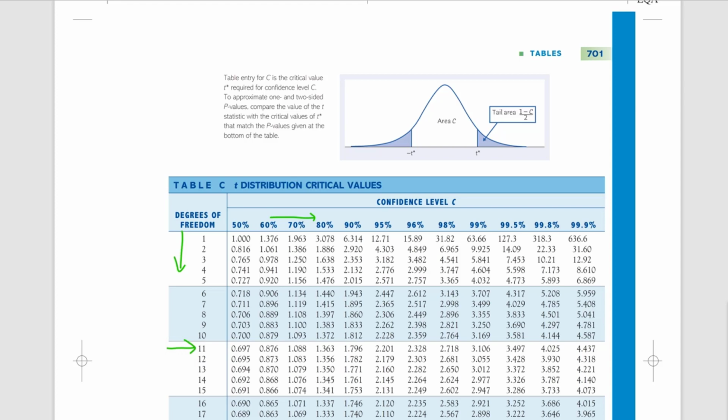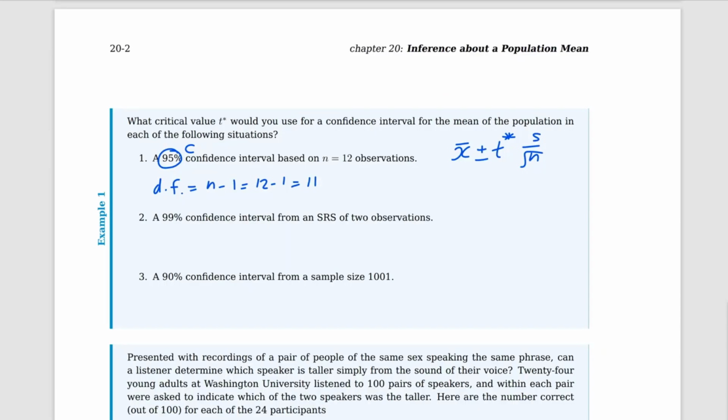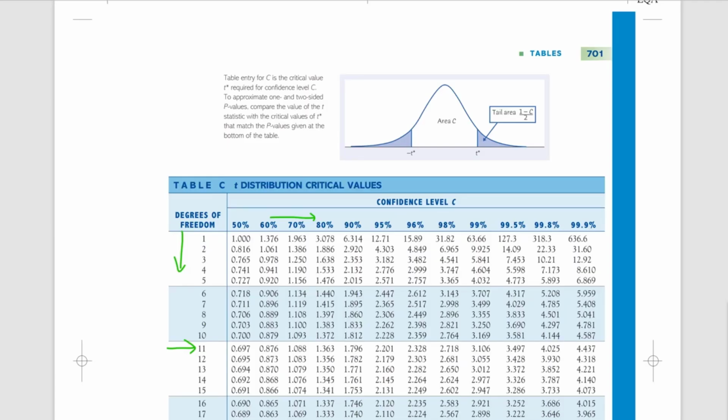Now go back and check the confidence level. It is 95. Therefore, go to the 95 here and go down to 11. What is the intersection? 2.201.